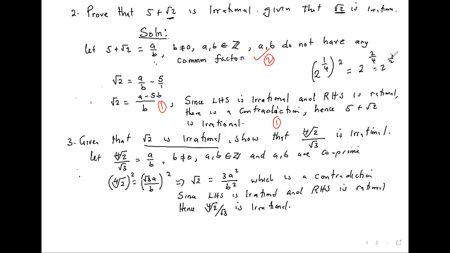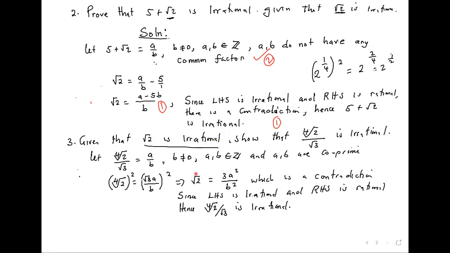So now listen, this question, whatever they will mention here as being irrational, that is what you solve to make the subject of the formula. So you will solve it until it's the subject of the formula.